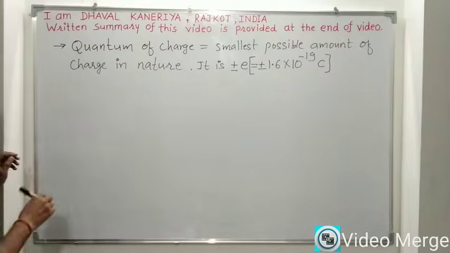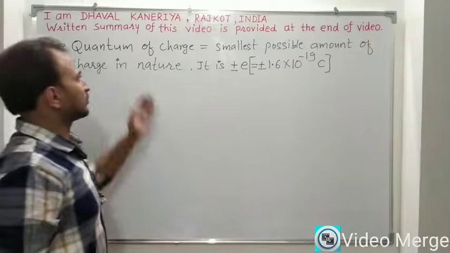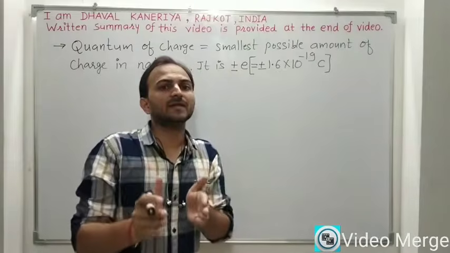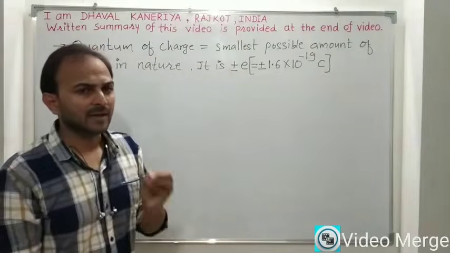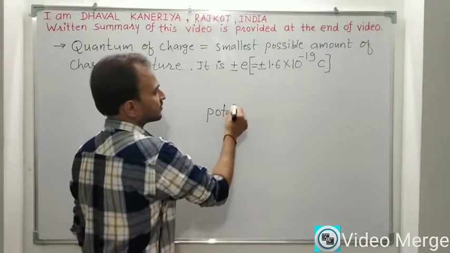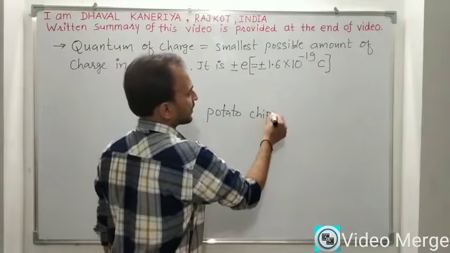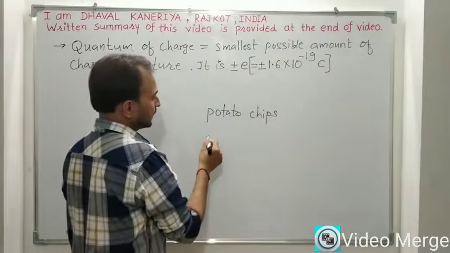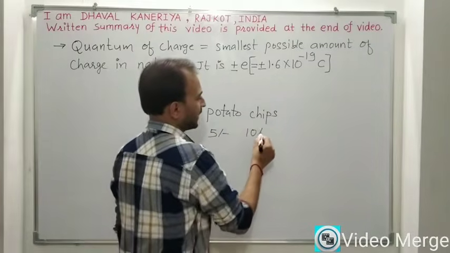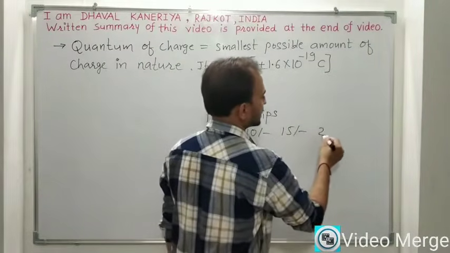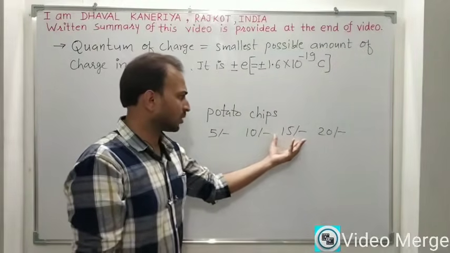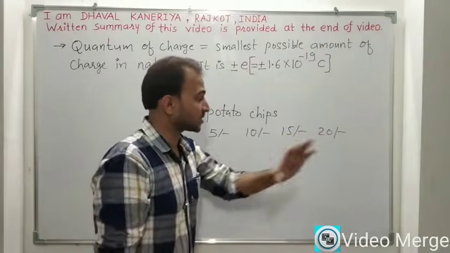The quantum of anything, quantum of charge, quantum of energy, quantum of price, the quantum of anything is the smallest possible amount. Suppose the packets of potato chips are available in the price range of 5 rupees, 10 rupees, 15 rupees, 20 rupees, just suppose small packet, large, more, yet larger, largest.